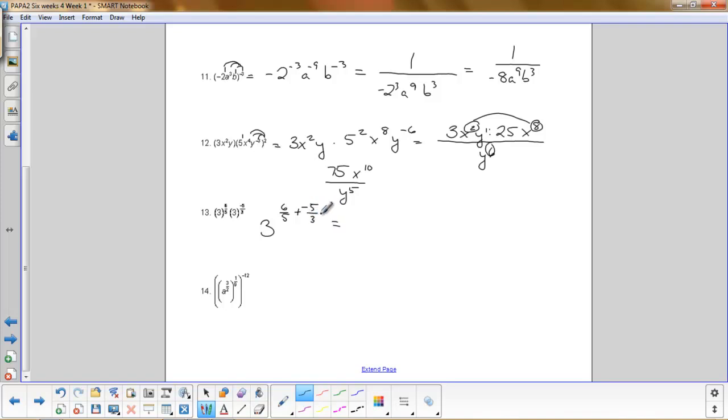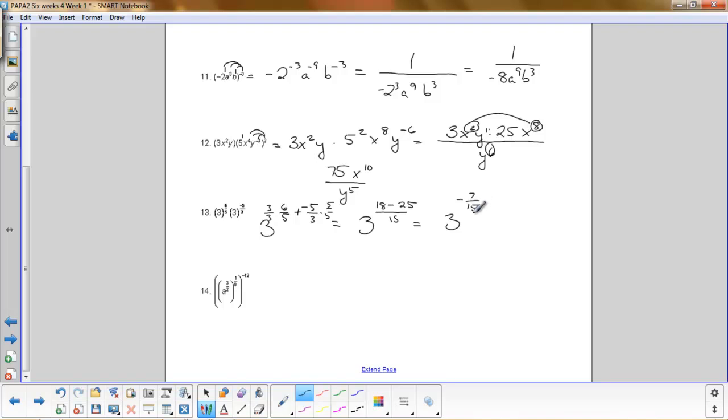I'll continue by finding a common denominator, multiplying this one to that one and this one to that one. So that's going to give me a total of 18 minus 25 over 15 in my exponent, and the base is still 3. 18 minus 25 is negative 7.